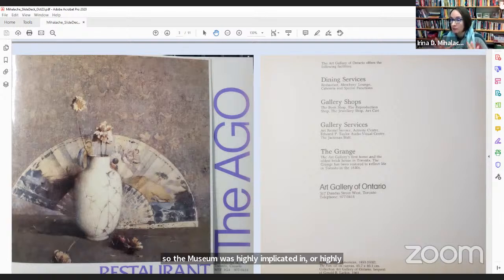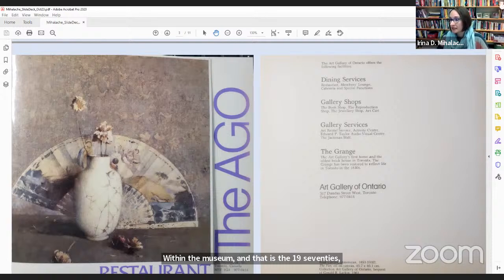But today I'm not looking at what happened before the 1970s. I'm much more interested in the moment when restaurants became formal physical spaces with permanence within the museum, and that is the 1970s.